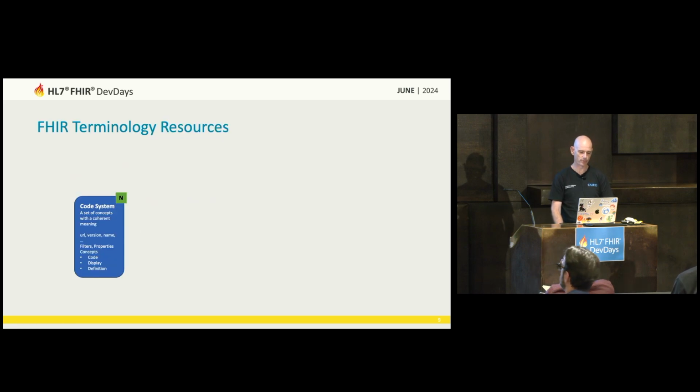So talking about the FHIR resources, I'll go through the three main key resources, and we can have a look at the other bits that sit around it. So it obviously all starts with a code system. A code system is just a set of codes with a set of meanings. It has a series of metadata attributes like URL, version, name, the sorts of things you'd expect to see on a resource.